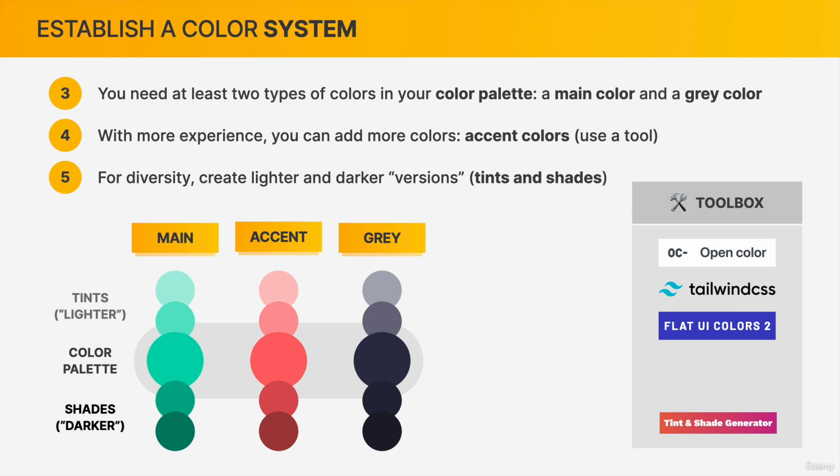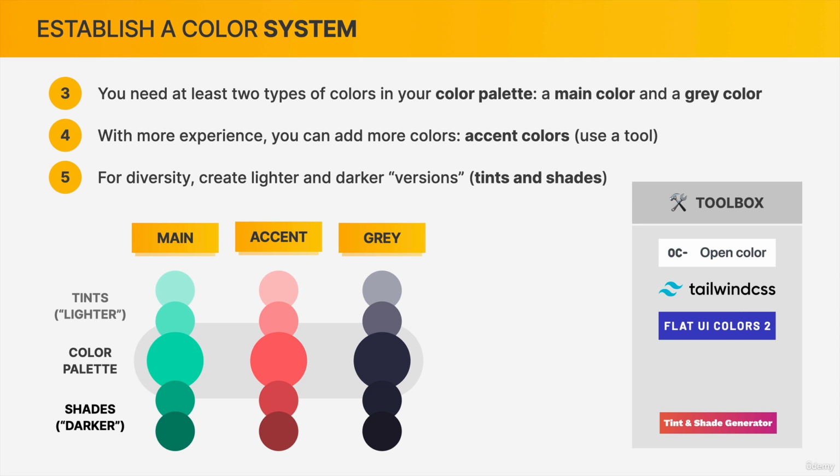Now, when you choose the open color system or the Tailwind colors, then they already come with these tints and shades included. If you use some other tool or came up with the color yourself, then you can also easily create tints and shades by using a tool called Tint and Shade Generator.